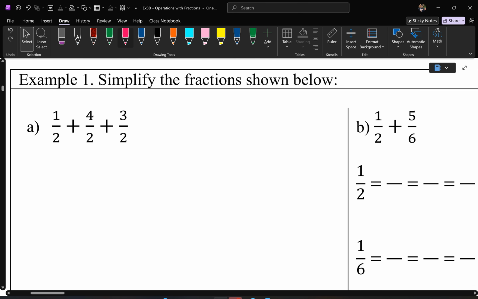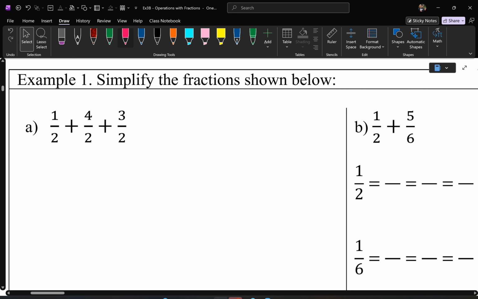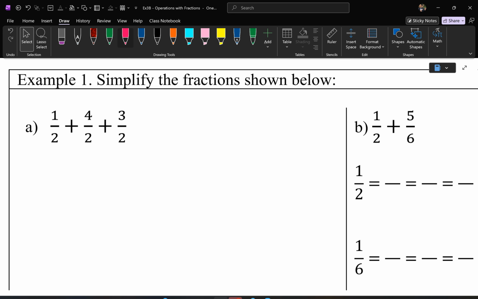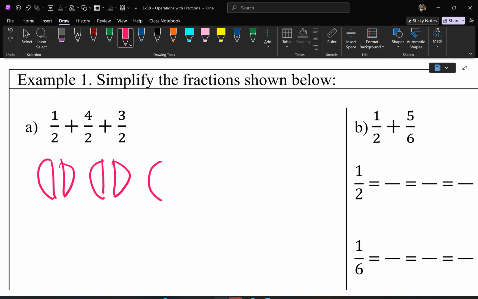Now I want you to see this example down here so you can understand what I'm trying to describe. If you picture what the fractions actually mean, this means I've got 2 pieces of the pizza. They're all cut in 2s, right? So it's cut into 2. 1, 2. What this is saying is I've got 1 of them.